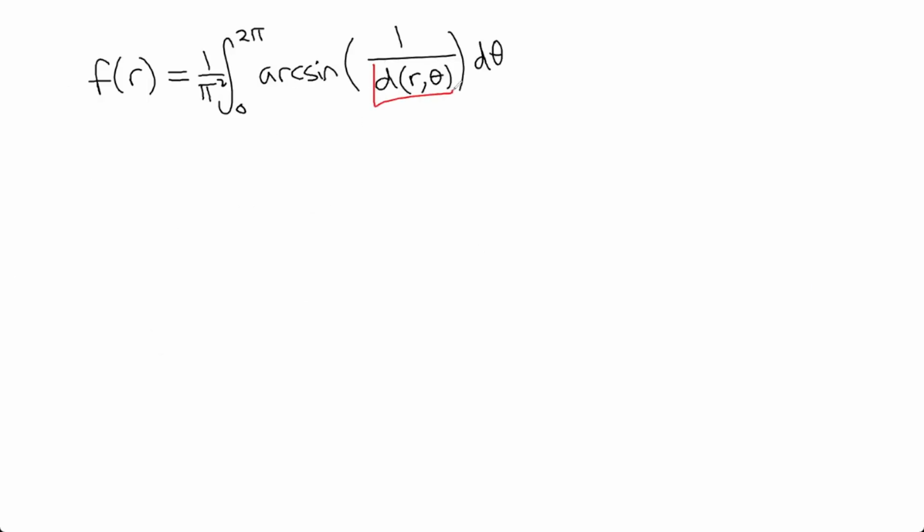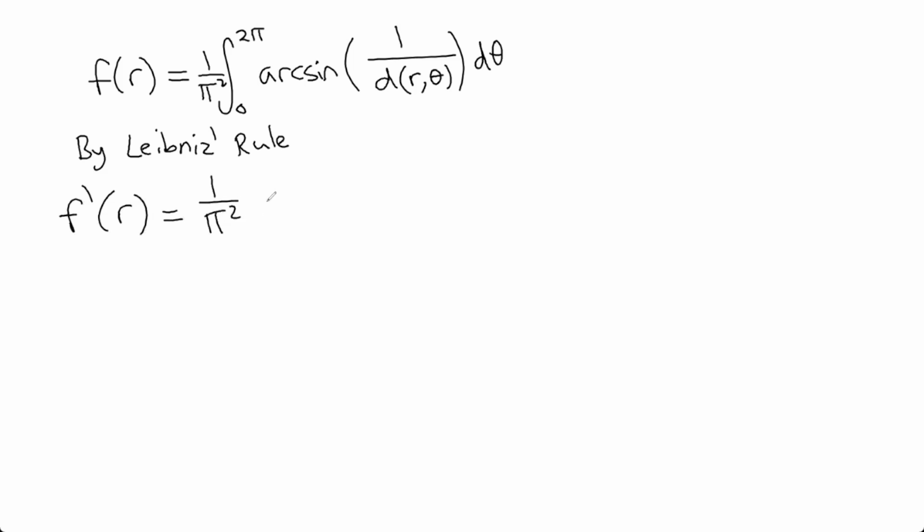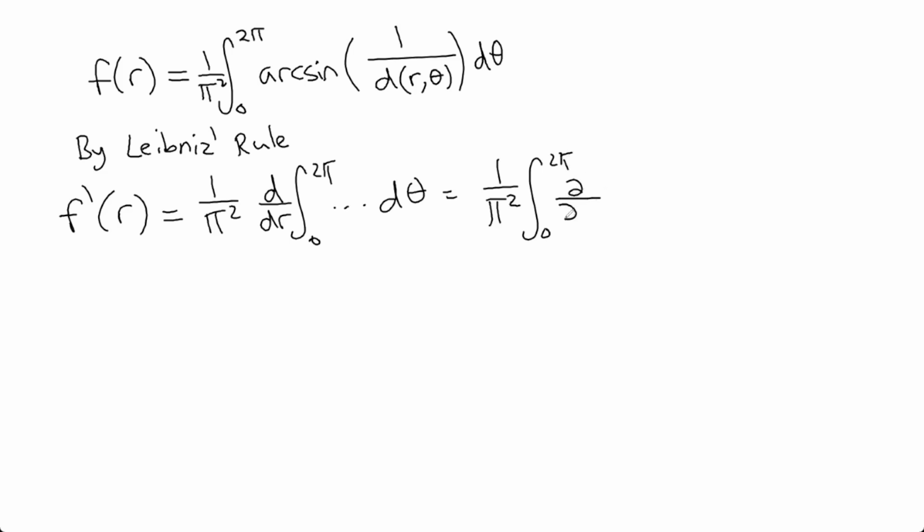Now that we have some of the derivatives figured out for d, it's time to start taking derivatives of f. We can use something called Leibniz rule to find the first and second derivatives. We can say that the derivative of this integral is equal to the integral of this partial derivative.